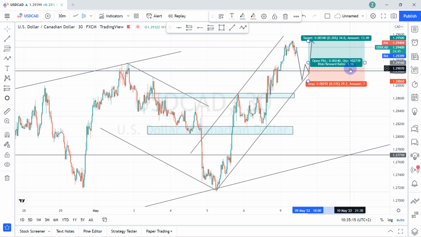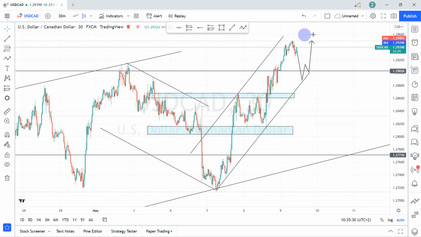The minimum risk to reward ratio for me personally is 1:1.5. So if it's less than 1:1.5, as you can see, it's 1:1.16, I wouldn't go for the trade, no matter how good the setup looks.